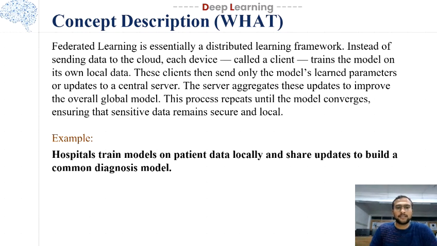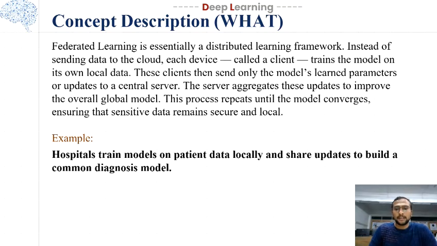So now let's understand what is the main concept behind federated learning. Federated learning is essentially a distributed learning framework. Instead of sending data to the cloud, it sends the model to the devices, called clients, and trains the model on its own local data. These clients then send only the model's learning patterns or updates to a central server.